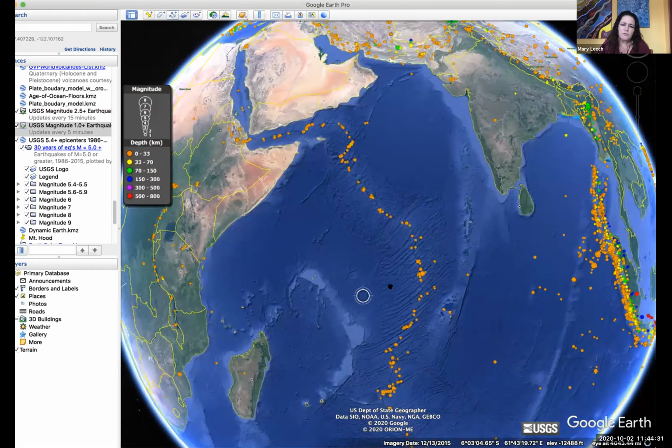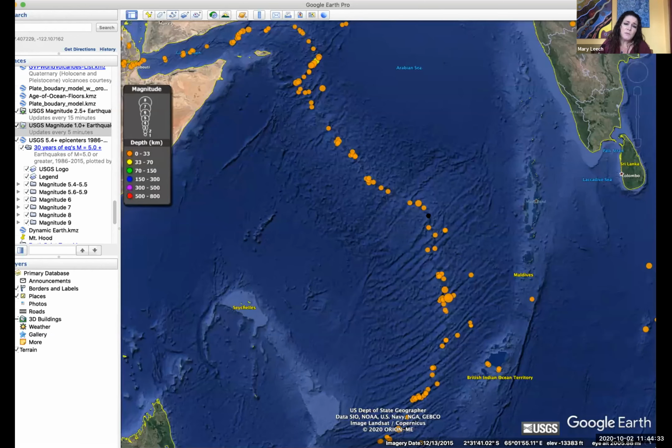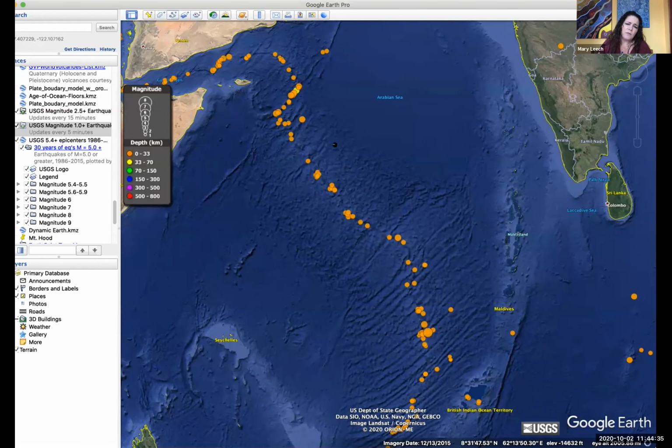Here's another mid-ocean ridge. So this one you can see pretty well how the ridge actually spreads out from the center axis. You can see the mountains going down that way and that way.